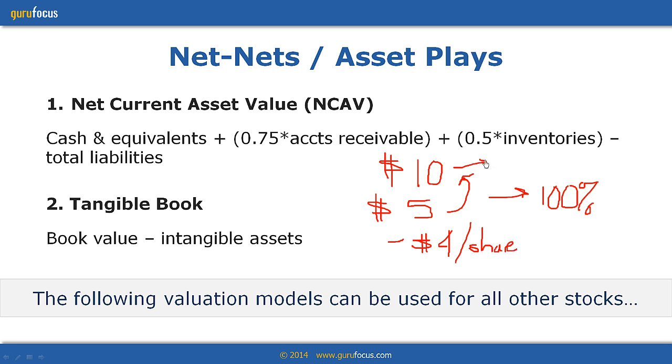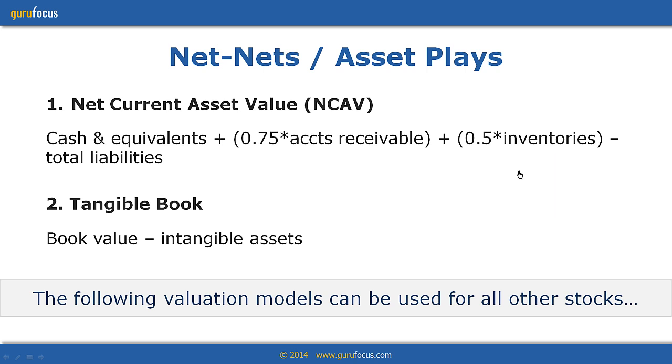That 10 is going to turn into 6, and it's going to turn into 2, and this value is going to be eaten away because they're bleeding it out in losses. So that's really all you want to use the income statement for, and the rest of financials. Just make sure they're not losing. They don't need to be making a ton of money as long as they're just staying afloat and not losing a very small amount. It's generally a pretty safe place to put money.